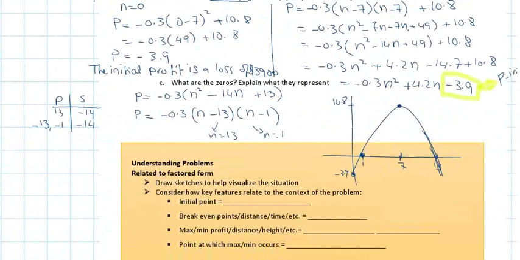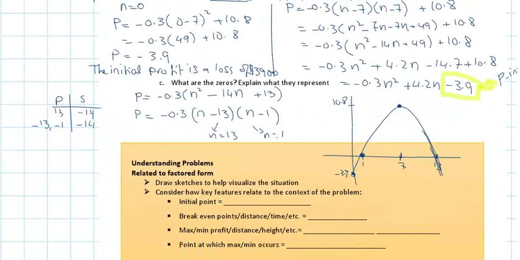So in order for you to be able to solve all these questions, you need to understand some key points. Because technically, in the question, they won't ask you, find the zeros or find the y-intercept. They won't say these words that we are used to. When they're asking you a word problem, they're going to use the word, find your initial profit or find your initial distance or whatever, right?